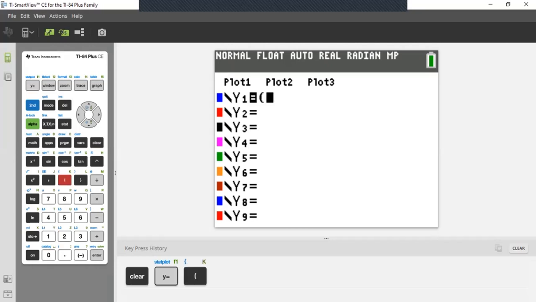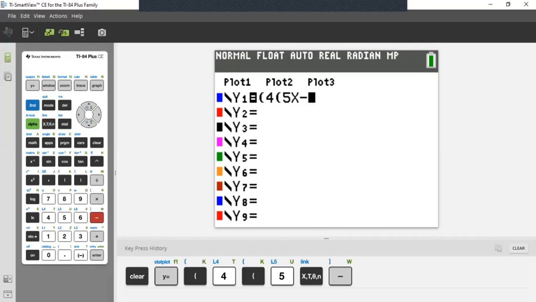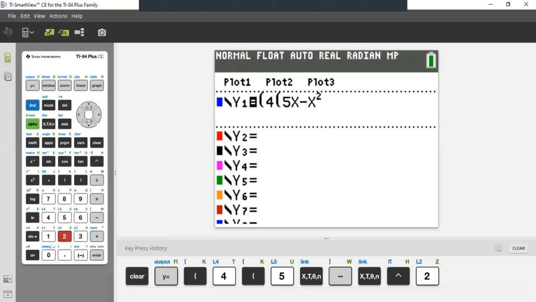So I want to put my entire numerator in parentheses. So I'm going to need a 4 and then parenthesis, 5x minus x squared, and then a -2.